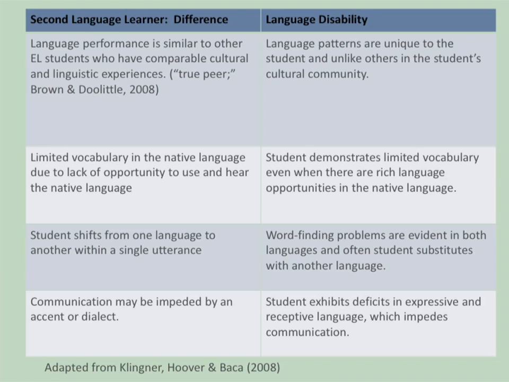Going back to simply a difference, all English learners have limited vocabulary in English and perhaps in their native language as well. That's going to be just opportunity to use and exposure to that home language and English, versus students with language-based disability who demonstrate a limited vocabulary, even though they have robust vocabulary instruction and sufficient exposure to those vocabulary words and their definitions.